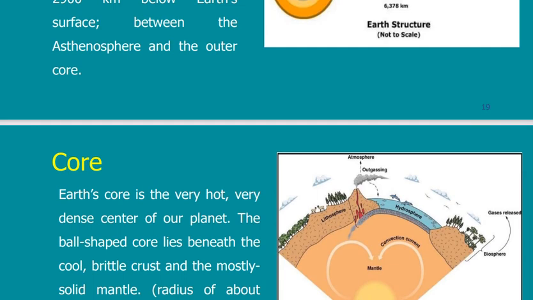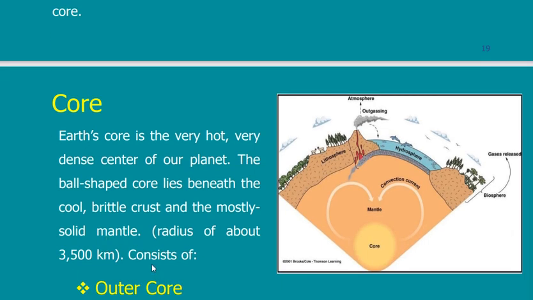So now we finish the mantle. We go to the last main layer, which is divided into two sub-layers. The last layer from the inside is the core. The Earth's core is a very hot, very dense center of our planet.